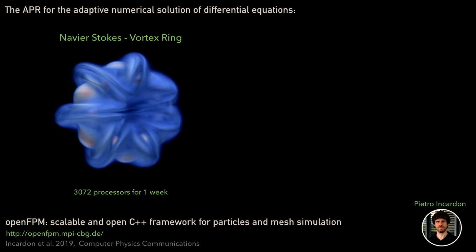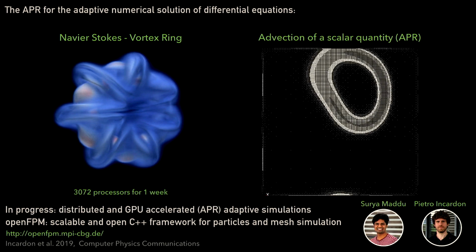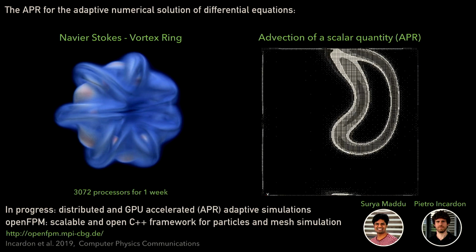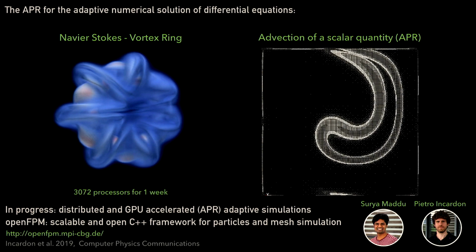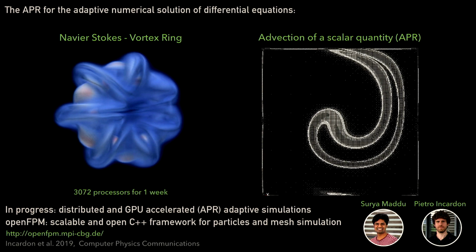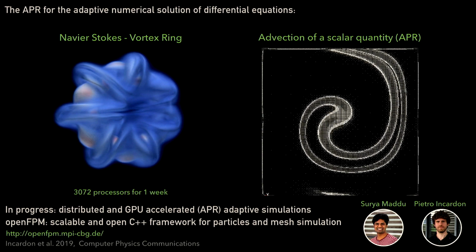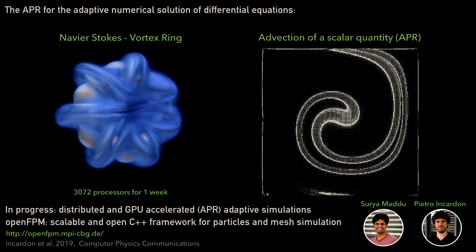Here you have potentially sparse-in-space data sets that can take up to weeks on high-performance computers to solve. The idea is, can we use the adaptive particle representation as an adaptive technique for these numerical simulations? This is work in progress, and hopefully the idea is to get both GPU and distributed versions of this code going.